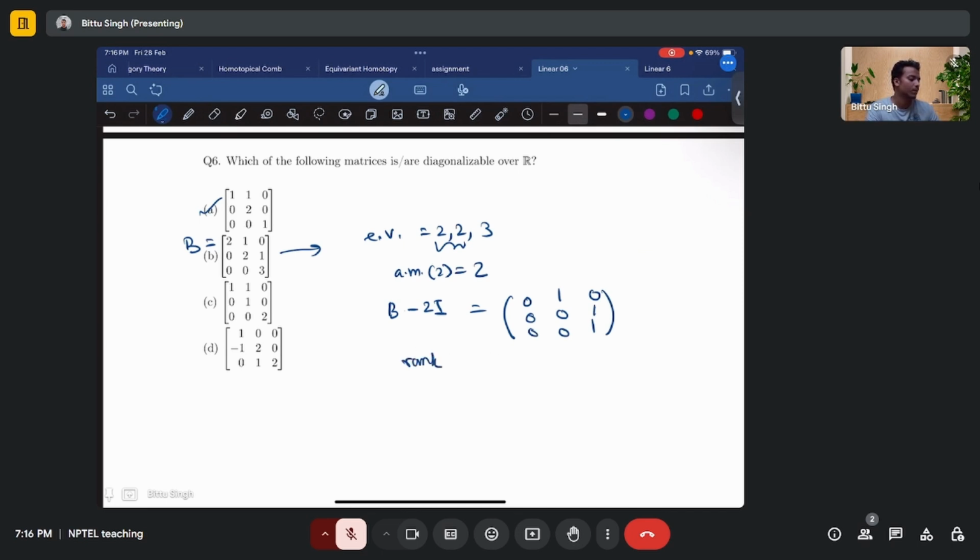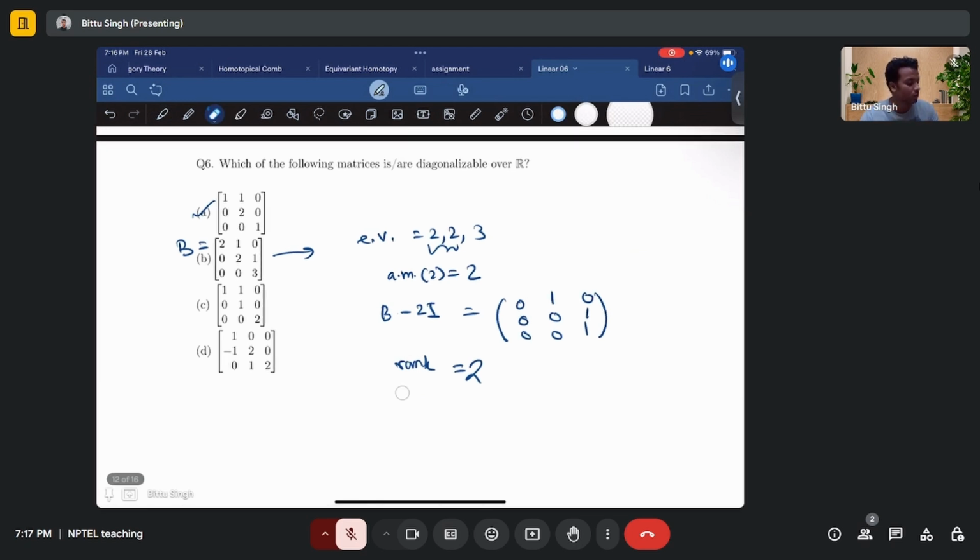Therefore the nullity, which we have already seen is called the eigenspace. So the dimension of the eigenspace will be, this is a 3 by 3 matrix, so 3 minus the rank, 3 minus 2, which is 1, that is the nullity.